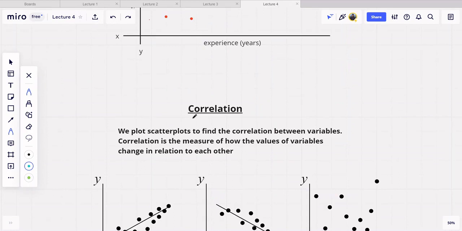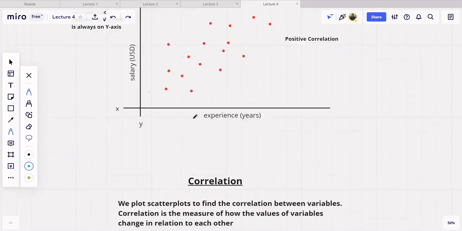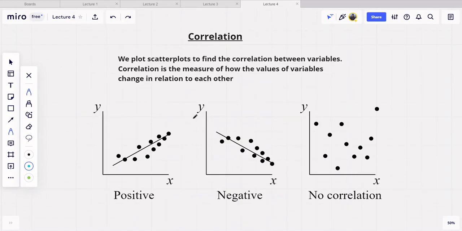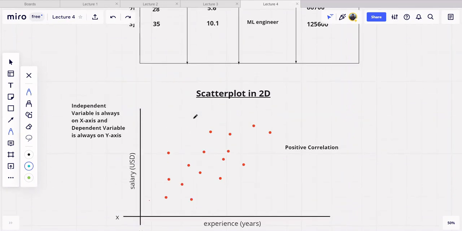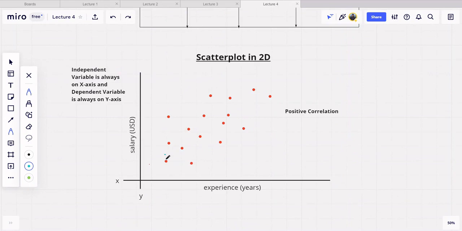Correlation is basically of two types: positive correlation and negative correlation. What we are looking at here is positive correlation, because we can clearly see that as a person's experience, the x-axis, increases, the y-axis also increases.